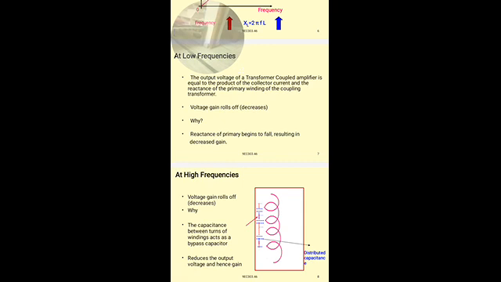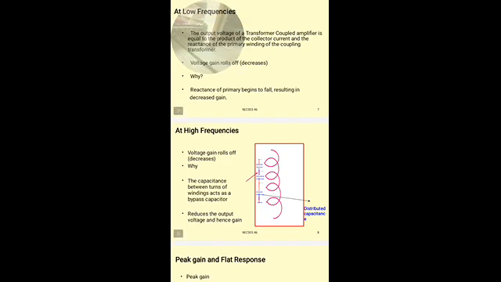At high frequencies, again the voltage gain rolls off, decreases. Why? Because the capacitance between the turns of the windings acts as a bypass capacitor.